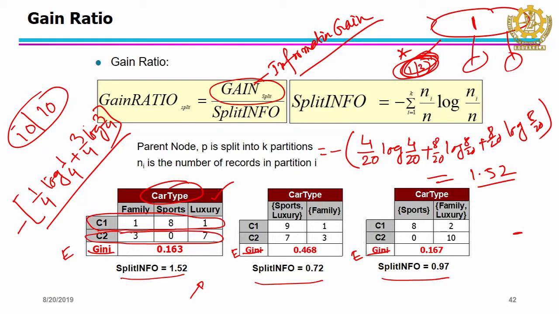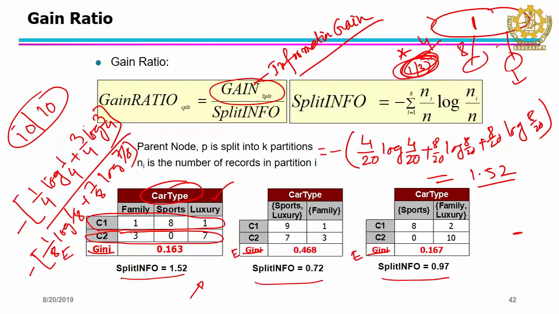So, what will be the entropy? 8 by 8 into log 8 by 8, so it will be 0, and then for this node it is 1, 7. It will be the negative of 1 by 8 into log 1 by 8 plus 7 by 8 into log 7 by 8, and then you have to combine with weighted sum.